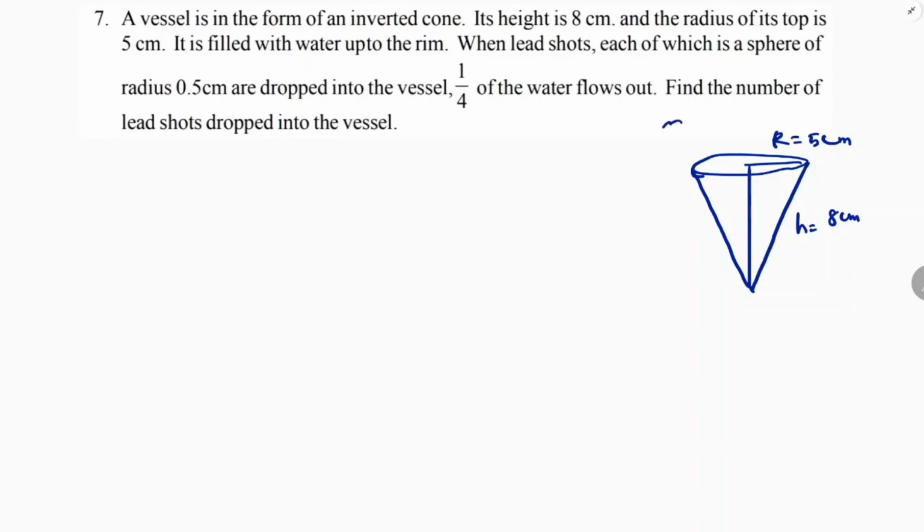See, lead shots have been dropped whose radius is 0.5 centimeters. So they're asking how many lead shots. So I'll use N.